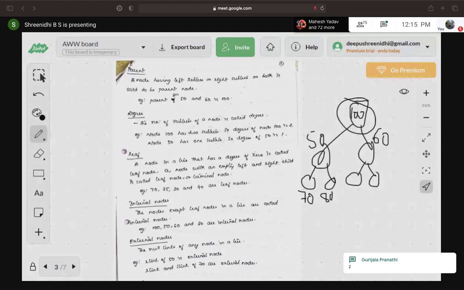Similarly, the number of subtrees for 50, I have written 1. Can you please identify it? How many subtrees are there for 50?